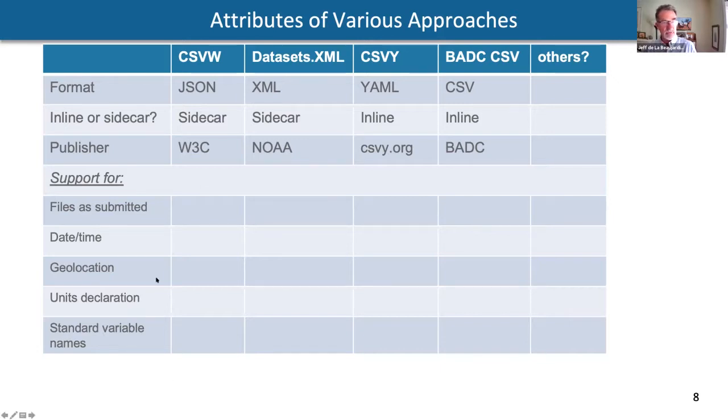Do they have some kind of way of describing useful things like date and time and geolocation and units and standard variable names? Right now these checkboxes are blank. I have some thoughts on some of those, but just to show you some of the kinds of things we've been thinking would be useful to have in these various descriptors.